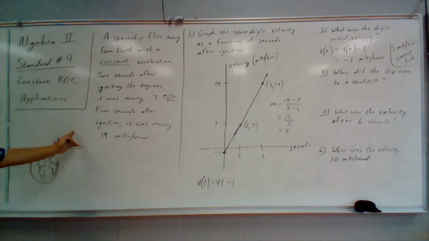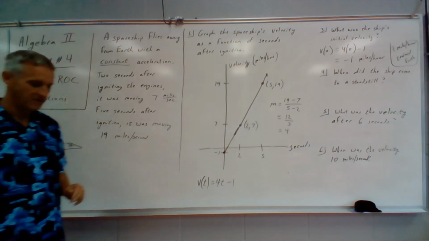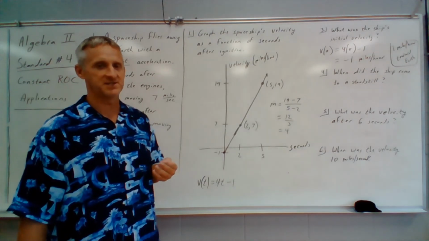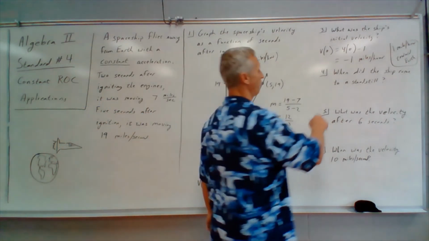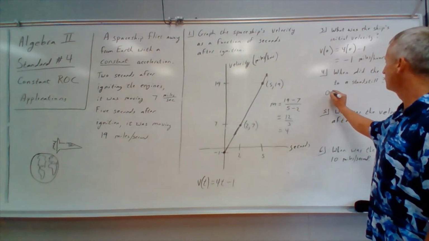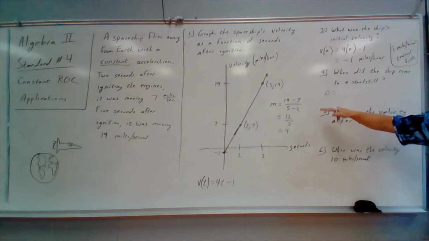When I change directions, my velocity will be 0. I'm coming toward, I come to a stop, and then I change direction and go the other way. I'm at a standstill when my velocity is 0, so I need to put 0 in for velocity.